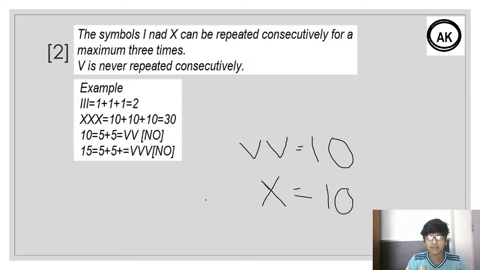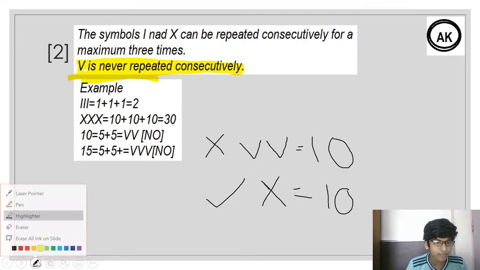This is correct, and this is wrong. That's why it says that we cannot repeat V, which means 5, consecutively. This is also an important concept which we should know.